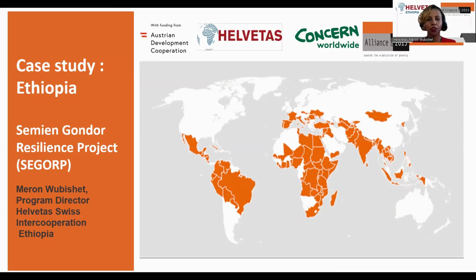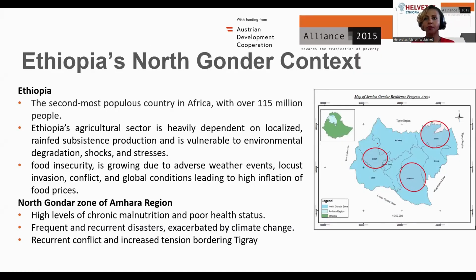To give you the context of Ethiopia and North Gondar: Ethiopia is the second most populous country in Africa with over 115 million people. Agriculture is the backbone of Ethiopia's economy, and it is heavily dependent on localized rain-fed subsistence production, and is vulnerable to environmental degradation, shocks, and stress.